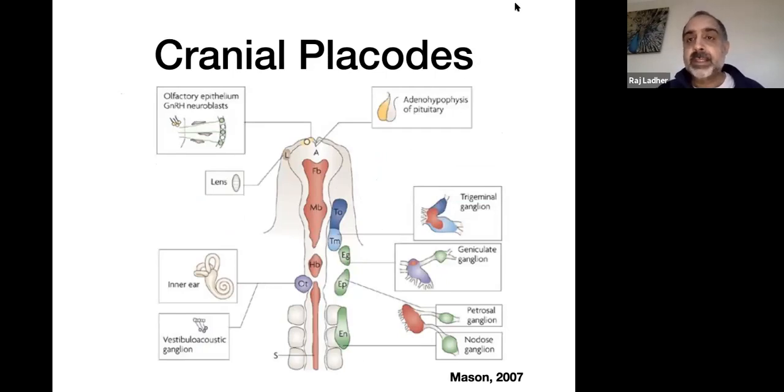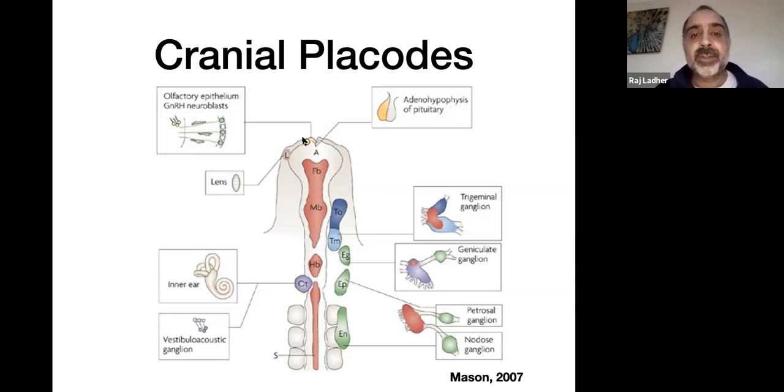The other cell type that's coming up is the cranial placodes, and we'll talk a little bit more about the cranial placodes in a little bit. But essentially, these will form some of the sensory organs of the head, and this also includes the adenohypophysis of the pituitary.